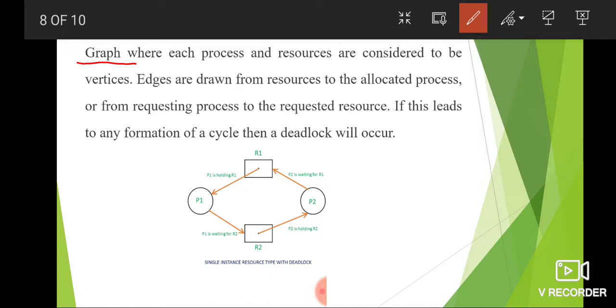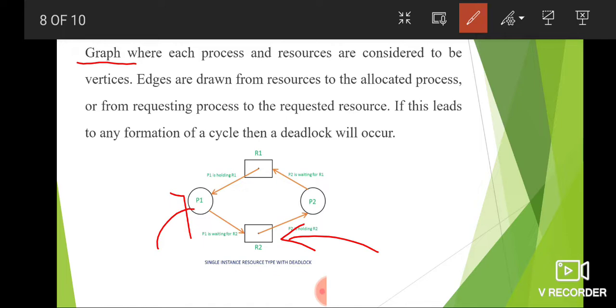Here, each process and resource is considered to be a vertex. The edges are drawn between the resources and the processes. For example, an edge from R1 to P1 indicates that resource 1 is allocated to process P1. An edge from process to resource, that is P1 to R2, indicates that P1 requests the resource R2 for computation.